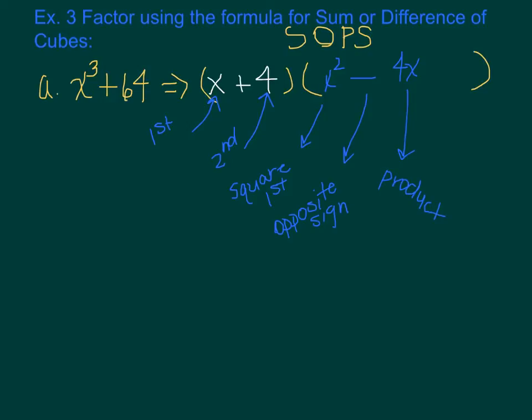And the last S stands for square the last term or the second term, and that is 4. So 4 squared is 16. So square, opposite, product, square. Let's try another one.